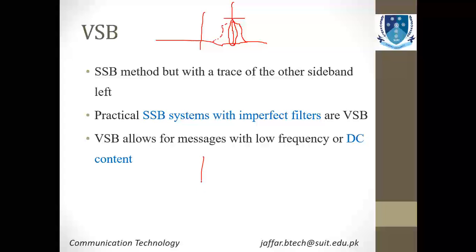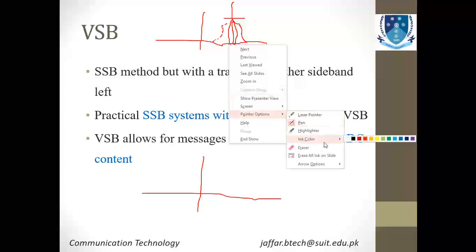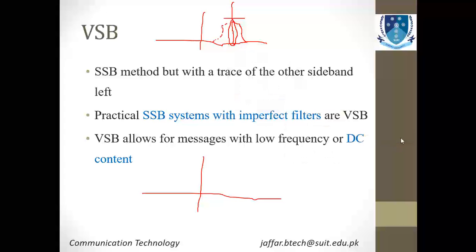For example, let me change the color of my marker. If you know that the filter is not going to cut the frequency at this point, and you know that the filter is going to cut something like this, information will be lost because of the filtration. So you know that this is the exact replica of this upper sideband, so you allow this portion of frequency to pass through.